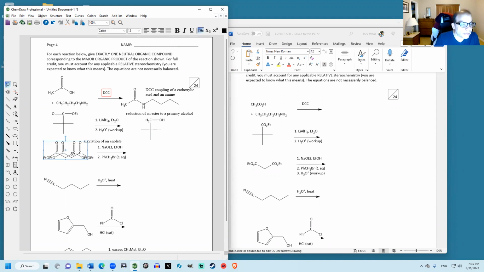So the sodium methoxide first pulls off a proton from in between those two carbonyl carbons. And then the enolate attacks benzyl bromide. And you get the benzylated derivative.